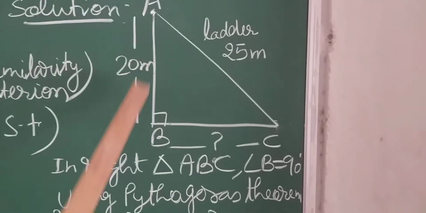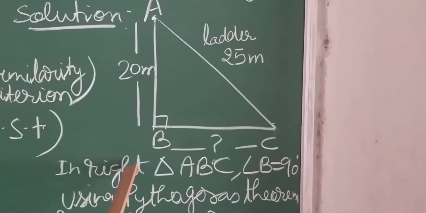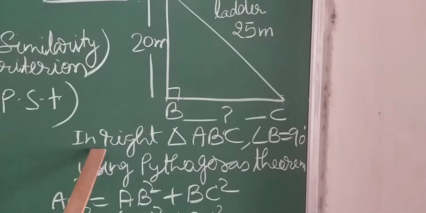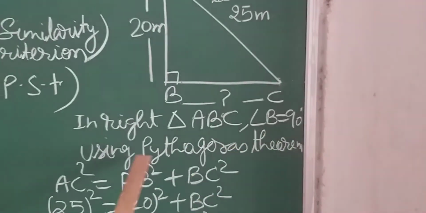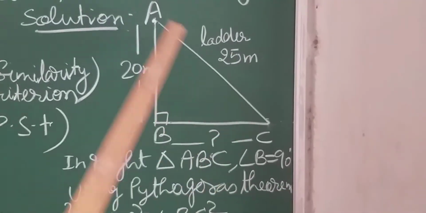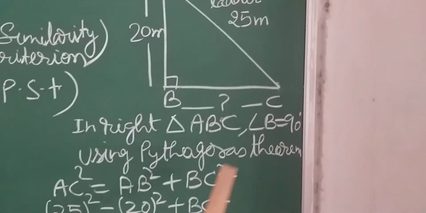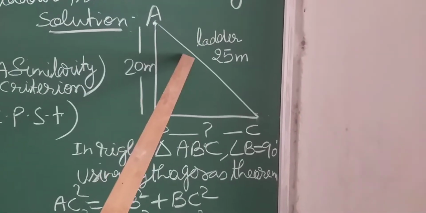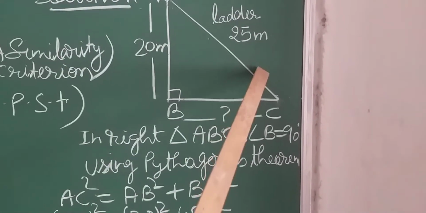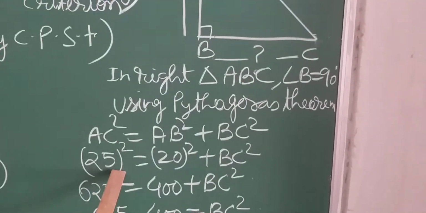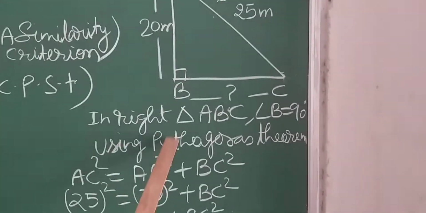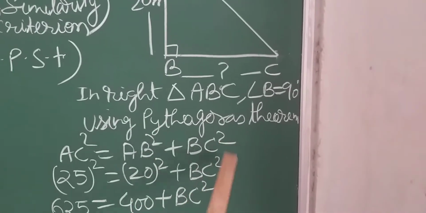Okay. So in triangle ABC, we can use Pythagoras theorem. In right triangle ABC, angle B is 90 degrees. Using Pythagoras theorem, AC square equals AB square plus BC square. So AC value 25 meter equals AB value 20 plus BC square.